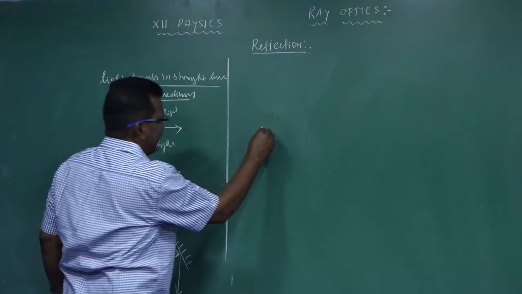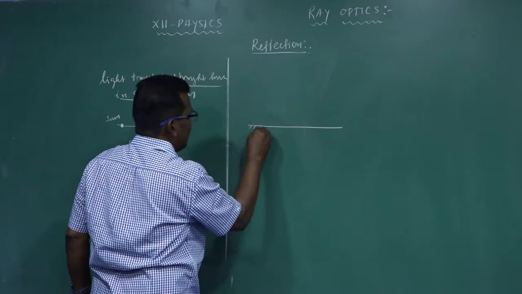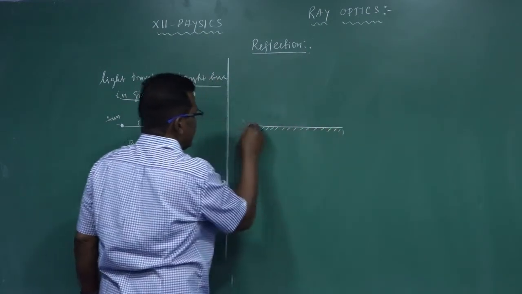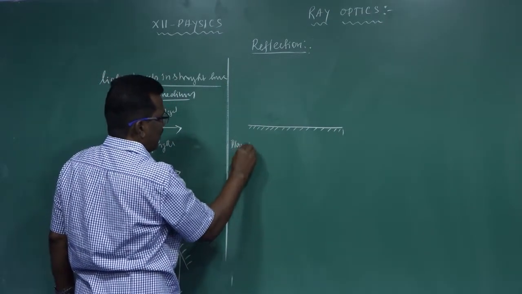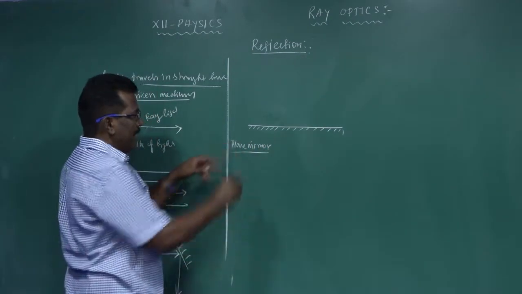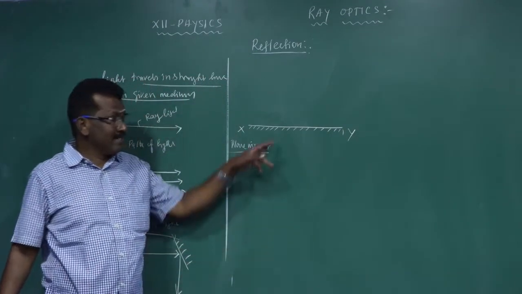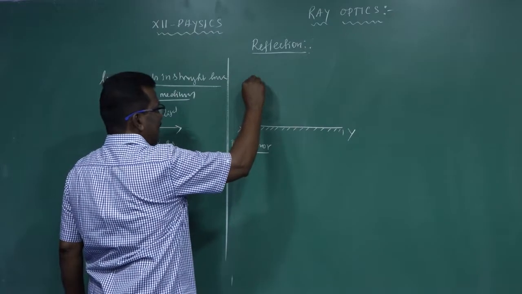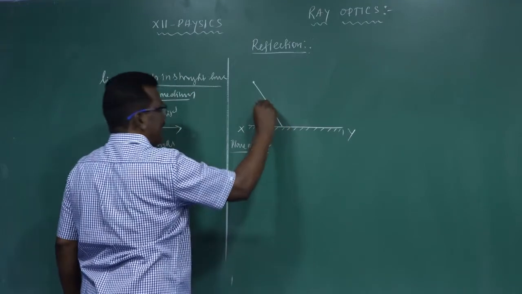Let us consider this is the plane mirror. It is polished on one side. XY is a plane mirror. A light ray coming from the source is incident at a certain angle with respect to XY.